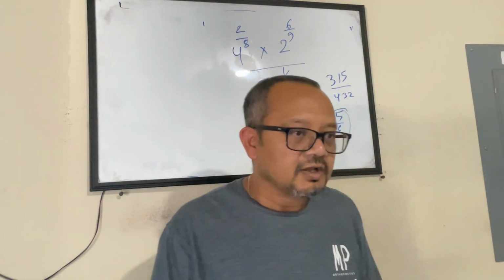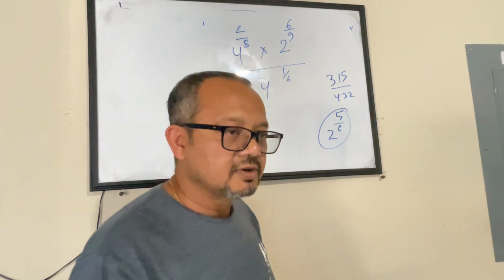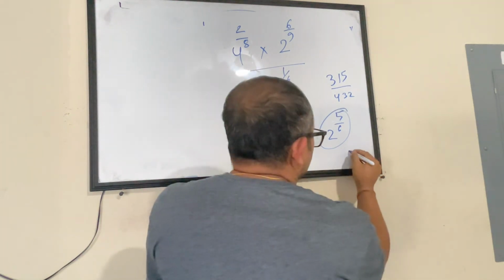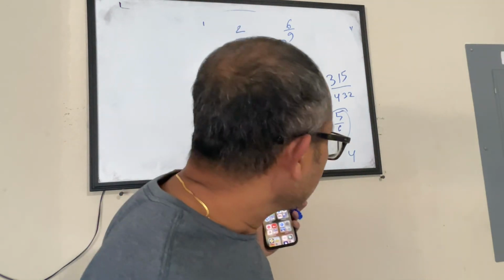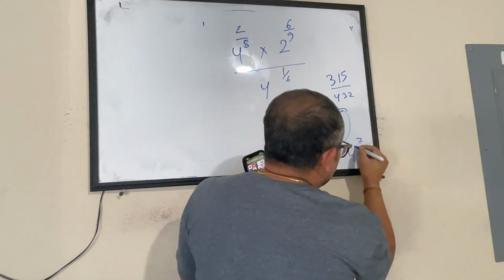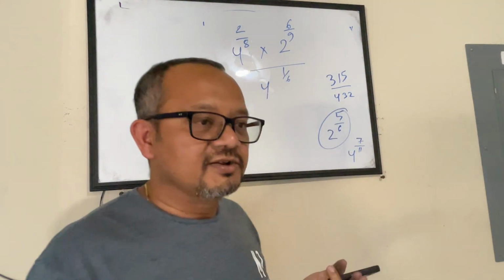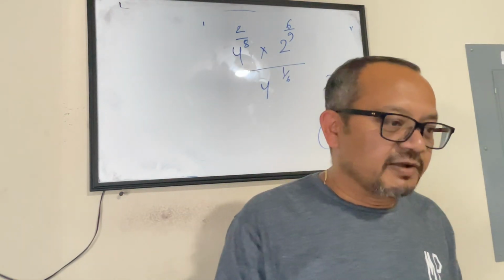All right. How much did you get, Dikshita? I got 4 to the power of 7 by 11. Okay. Let's see what Pranav got.